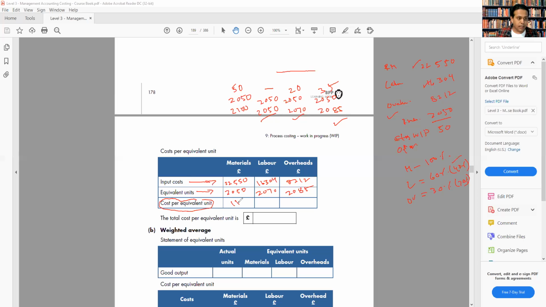And for the labor, 16,304 divided by 2070 gives us 7.88. And the overhead, 8212 divided by 2085, that will be 3.94.